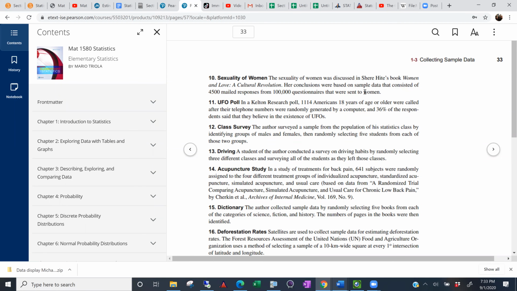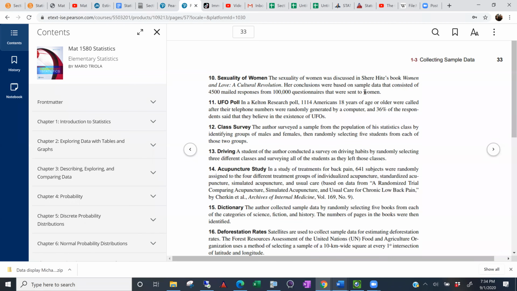I would say probably not. It's a voluntary response, and you got such a low response rate. The fact that you responded kind of makes you unique. You felt some emotional need or reason to respond, and I think that makes this data set unrepresentative of women in general. I could be wrong, but I'd be really cautious about the conclusions she reaches in this book based on her data set.